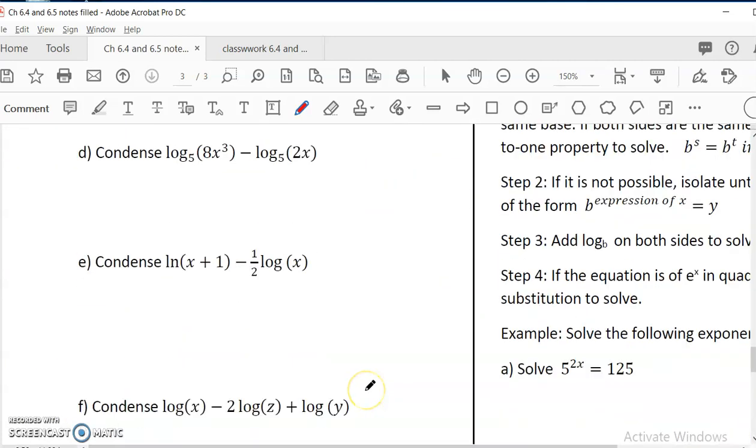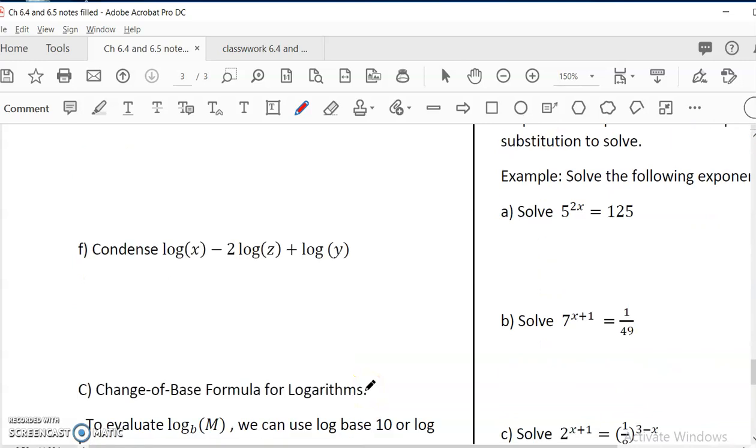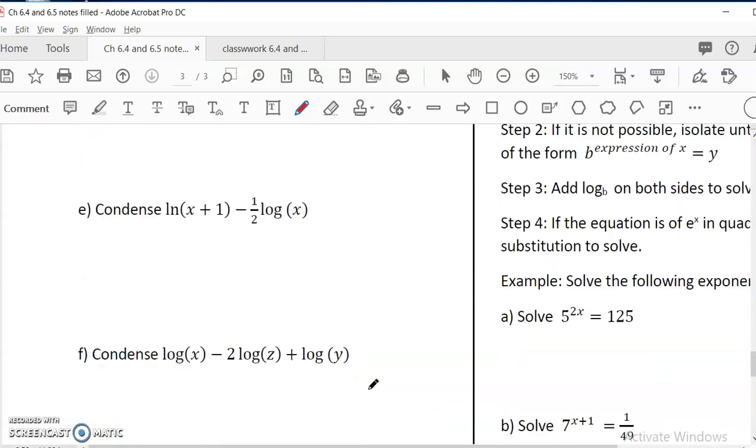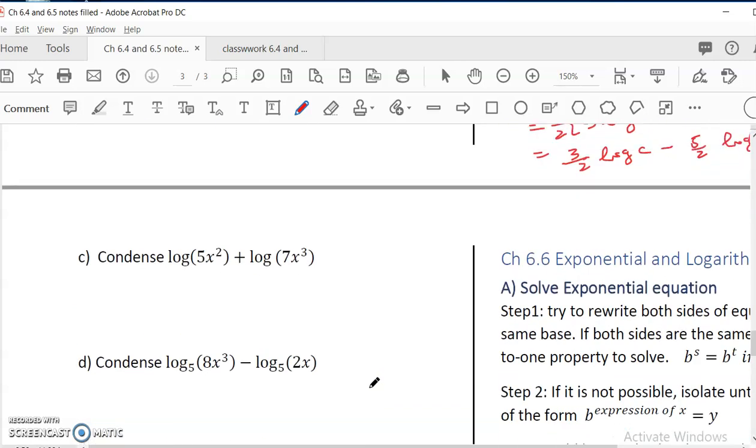So a few more. Oh, a lot more. And then we also have the change of base formula. So this is condensing. Earlier we were expanding, now this is condensing. So what is the rule for doing condensation? For condensing, you want to make sure that you move the coefficient in first, right?